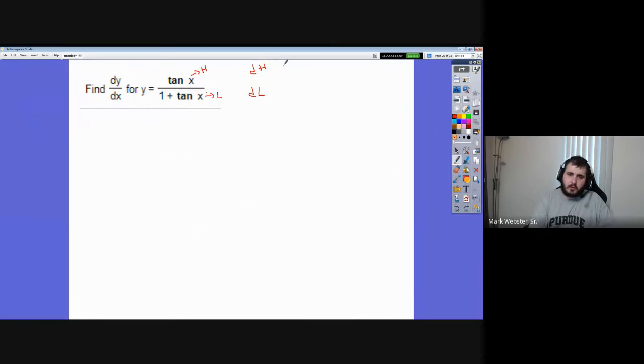And then the derivative of this thing down here, well, first of all, this 1 goes away. Take the derivative of a whole number and it goes away. And then the derivative of tangent, oh, it's secant squared again. So low d high, secant squared plus, and I'm going to distribute the secant into both of these, right?